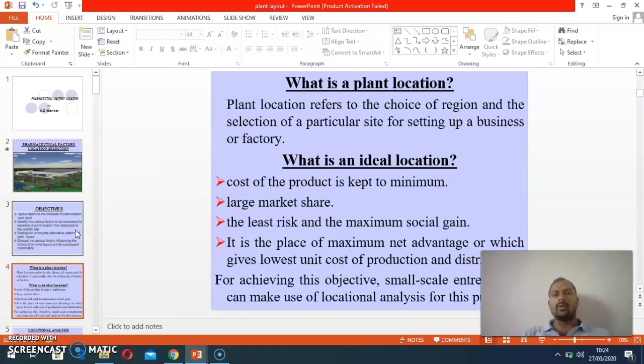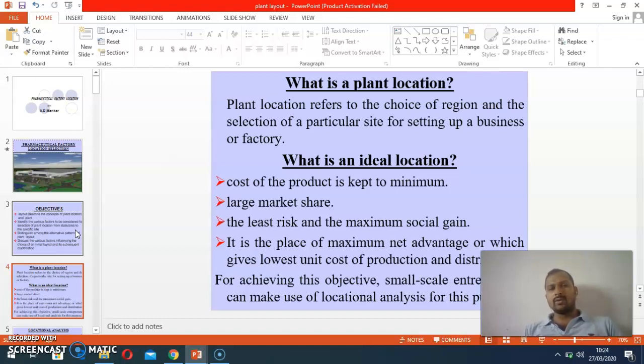And what is plant location? Plant location refers to the choice of region and the selection of a particular site for setting up a business or a factory. So what is the ideal location?